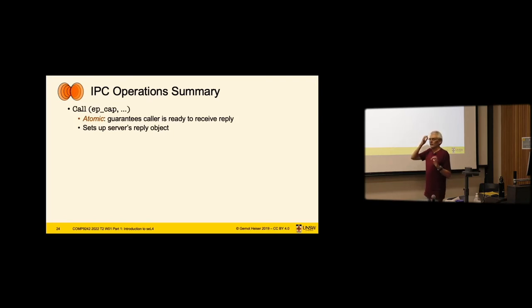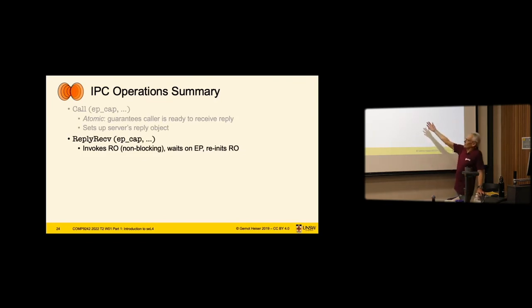So the server then knows it can just reply back, no complications. The client is either blocked on the endpoint and gets the message, or it's the client's fault because it died or someone killed it or whatever. Okay? So that's a really important property. Otherwise, that would massively complicate system design.